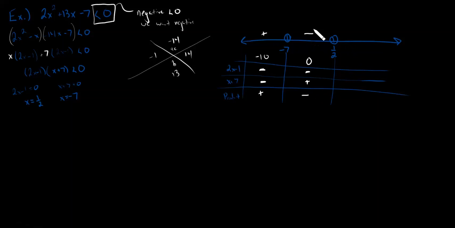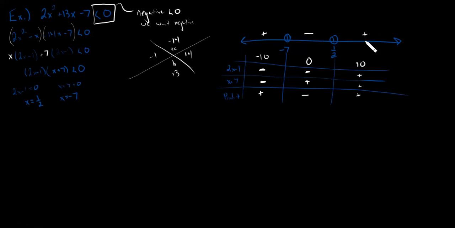And that's going to be part of our answer because we want to be less than 0, and negative numbers are less than 0. So this is going to be part of our answer. And then finally, we test any number that's greater than 1/2. Positive 10 would do. If I plug in 10, I would have 20 minus 1. That's positive. 10 plus 7, that's positive. Two positives multiplied together get me a positive, okay?